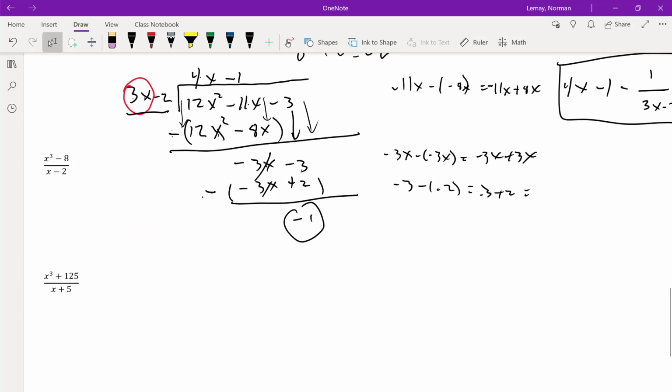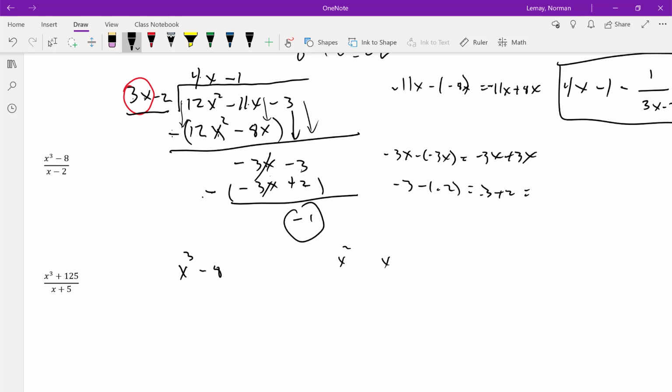All right, so notice here we have x cubed minus 8 divided by x minus 2. Now here we have to be careful with the polynomial, because let's just note that in x cubed minus 8, we're missing an x squared and we're missing an x term in here. So we have to make sure that we supply those terms.